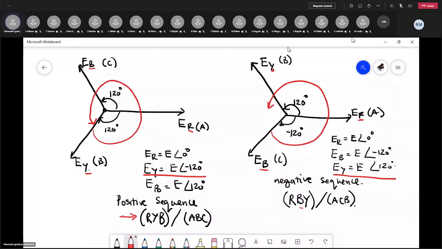If I say positive sequence and you give me this, everything will be wrong, because once EY is wrong, EB would be wrong also. You'll have swapped them around completely. So that is very important for you to note.